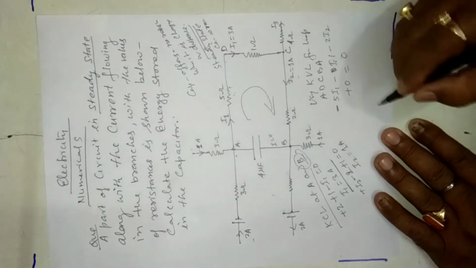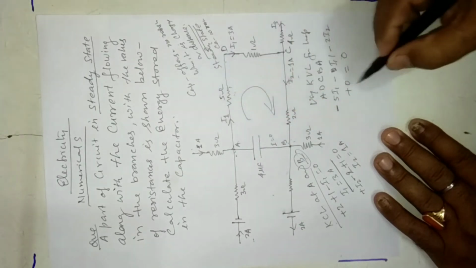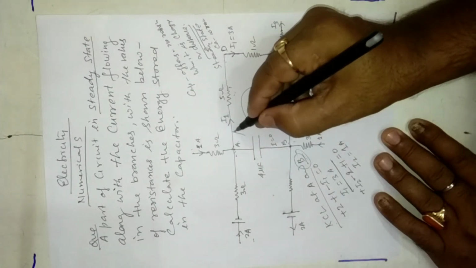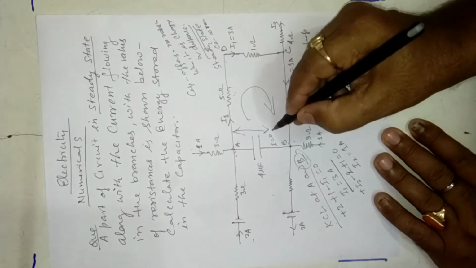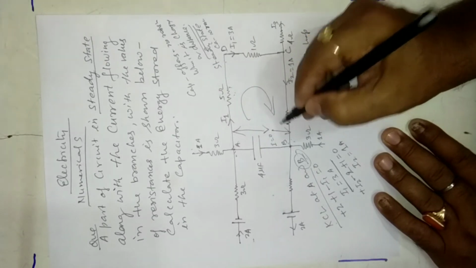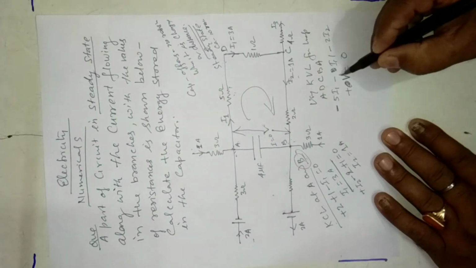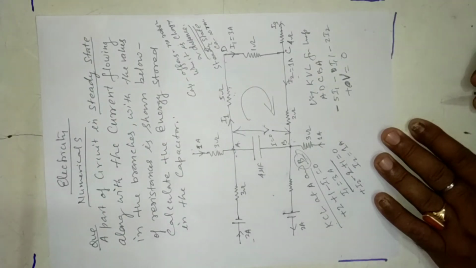So we will write here V. Let the potential difference across this is V. We are supposing here the voltage is V.